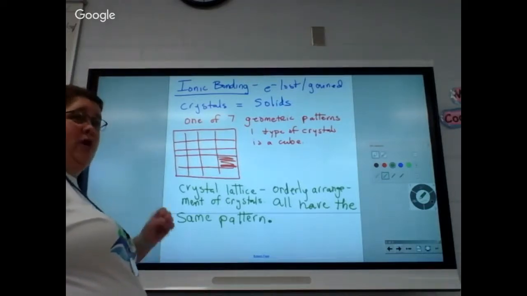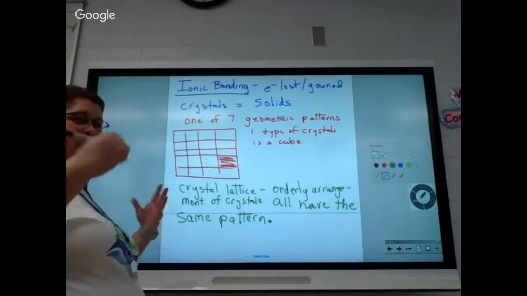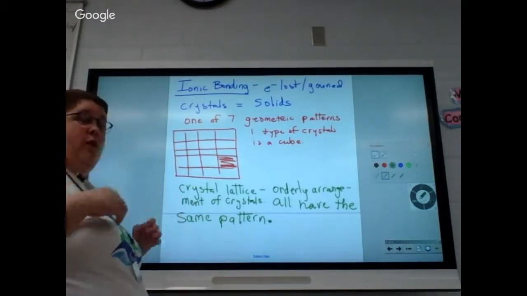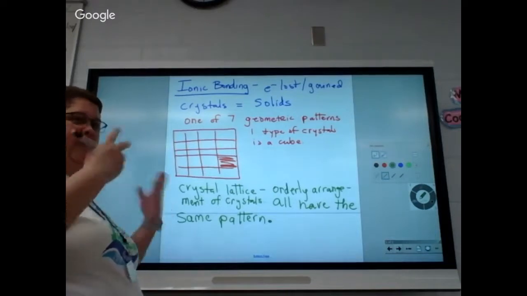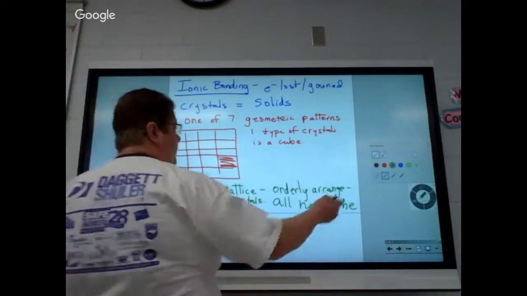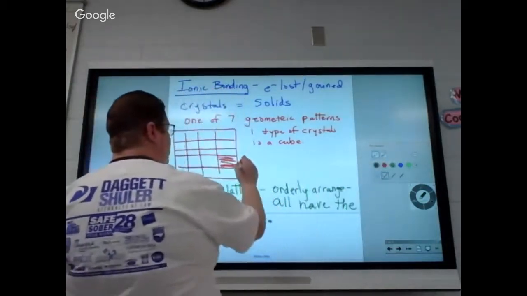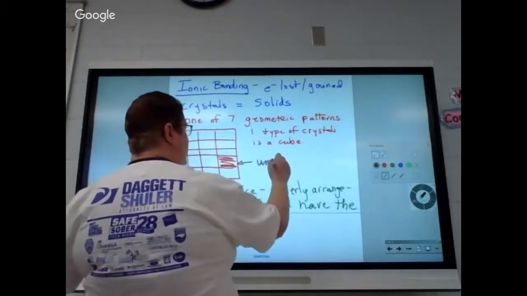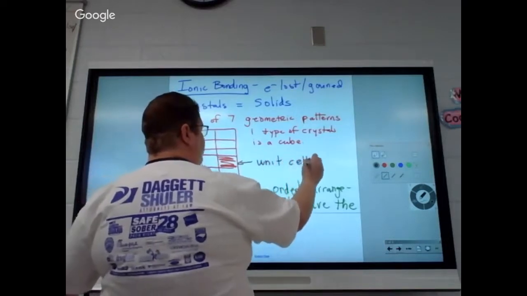Because it starts as one crystal and they multiply out from that one seed crystal. That one crystal replicates over and over and over again. Okay? So, this one crystal right here is called a unit cell.